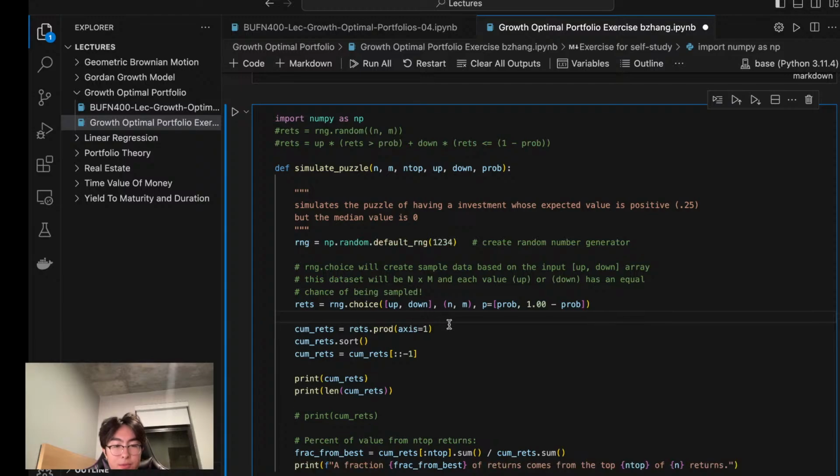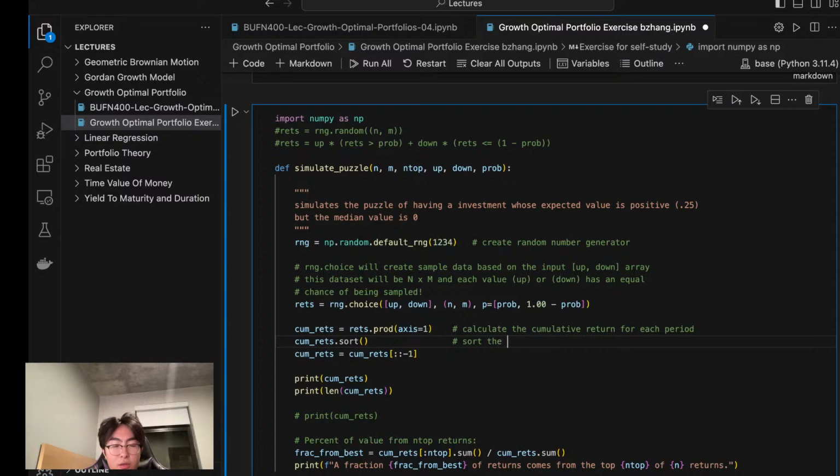Alright, so this will calculate the cumulative return for each period.